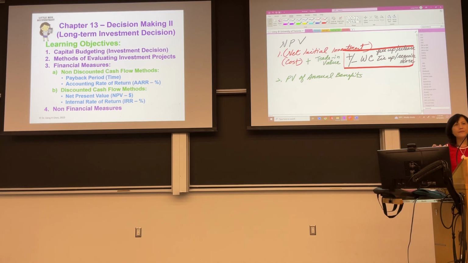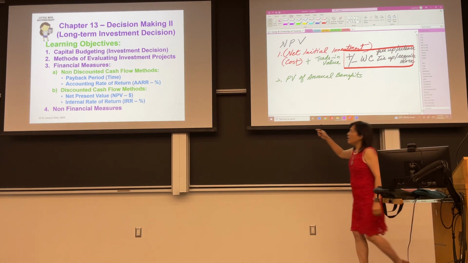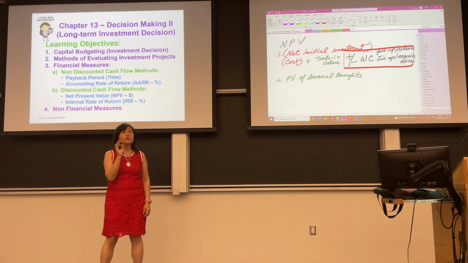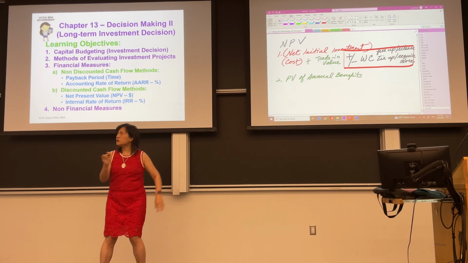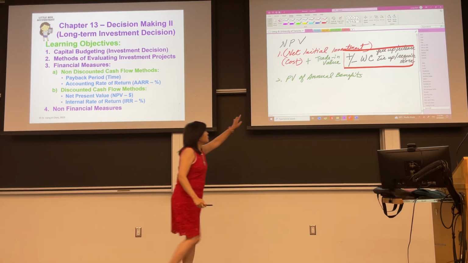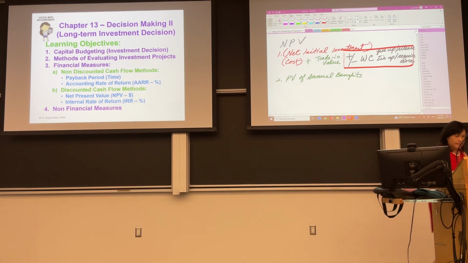Okay, one important thing here is we only look at the cash flow. Of all these methods, only the accounting rate of return includes depreciation. Everything else, no depreciation. Please do not include depreciation. Everything else, no depreciation. Only accrual accounting rate of return. Only that. So here I'm going to make a note.